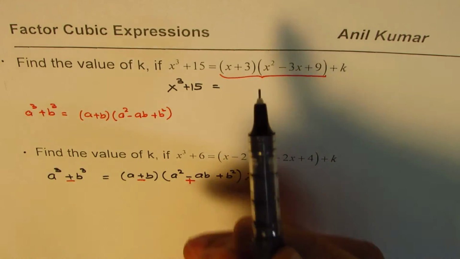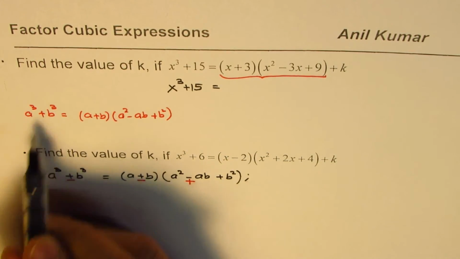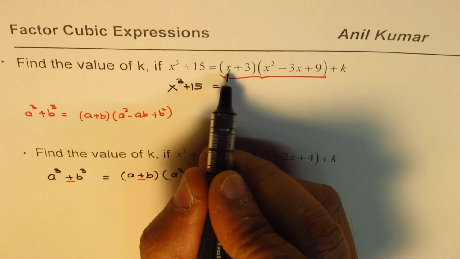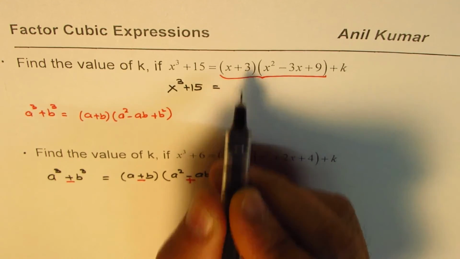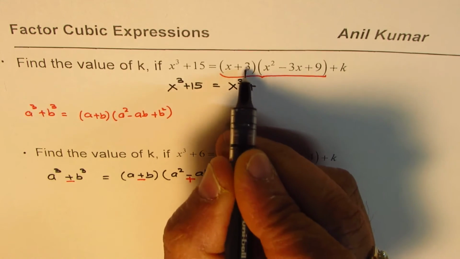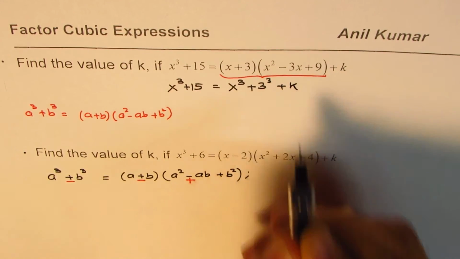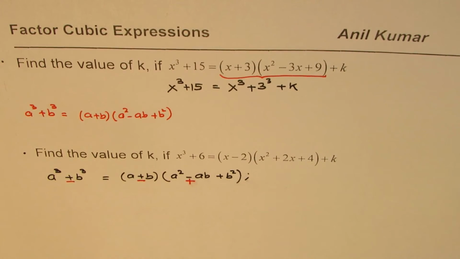So I could write this as the sum of cubes, where a in this case is x and b is 3. So it could be written as x cubed plus 3 cubed, and then we have plus k here. Is it okay? So that is the first step.